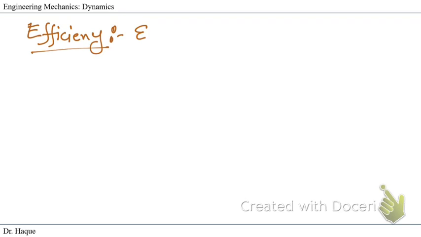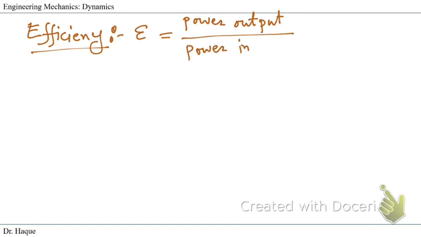Efficiency is the ratio of power output over power input. The power you provide and the power you get, the ratio between them, is called mechanical efficiency.